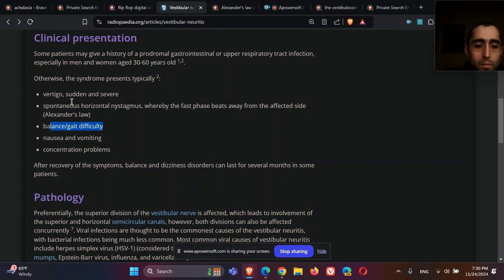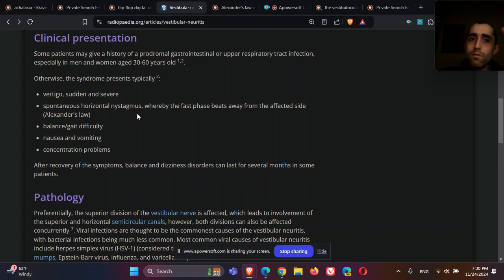Now, because he has damage to the vestibular nerve, which is important for balance, he has vertigo that is sudden and severe. He has nystagmus that has the characteristics of peripheral nystagmus. We think about fixation that reduces the nystagmus as peripheral nystagmus. Think about Alexander's law. Think about horizontal nystagmus.